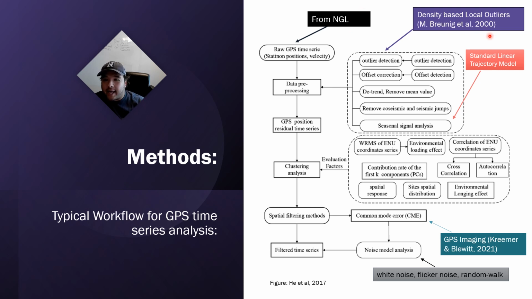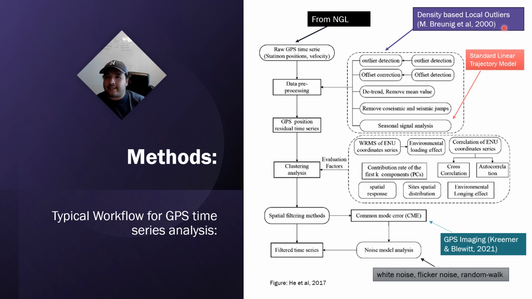To remove outliers, there's a lot of different methods, but I found one that worked well, and this is density-based local outliers, which is a clustering algorithm, which was cool because it came back that we discussed in class. And so I thought that was really neat to be able to tie those two things together.